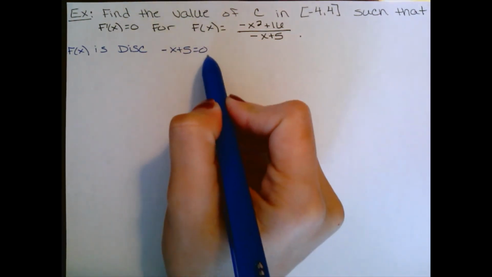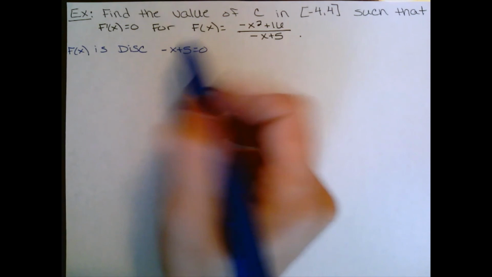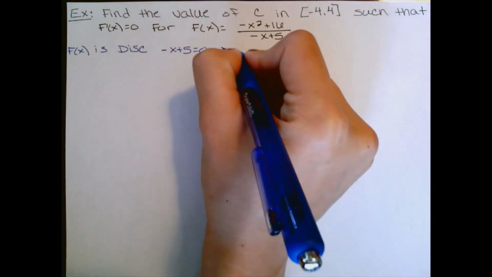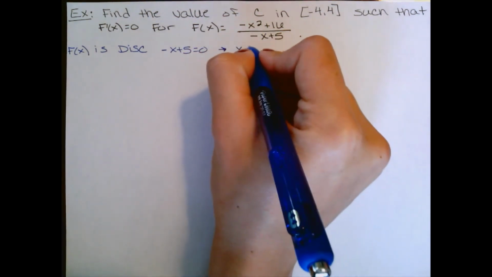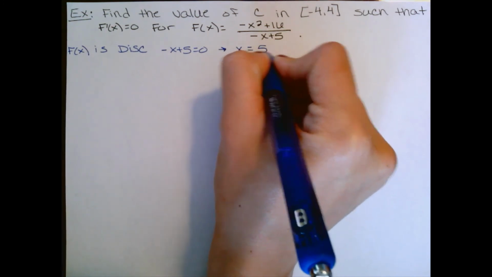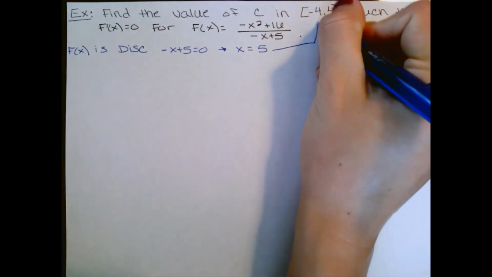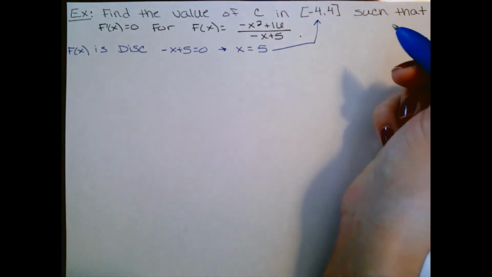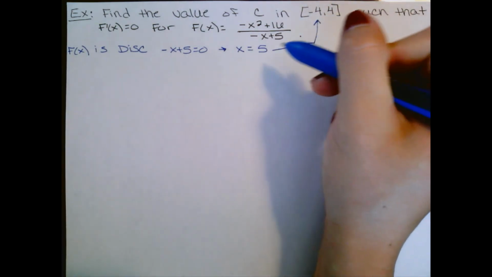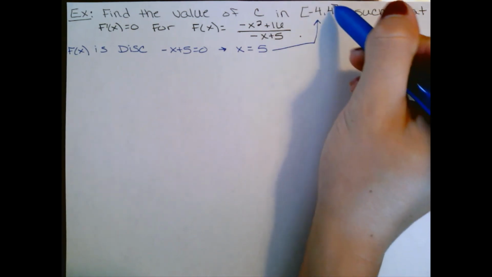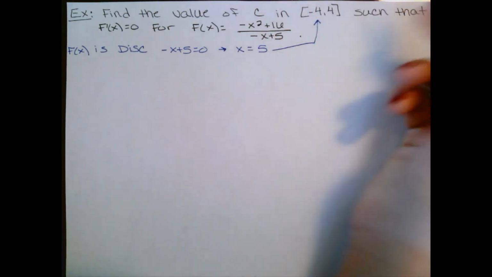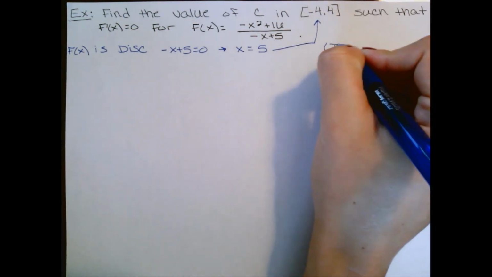If I subtract the 5 over, I get -5, and then divide the negative, I can say that x is discontinuous when it equals 5. Okay? Now, if we look at the interval, they want us to look only between -4 and 4. So the problem area that I have is not even within the area that they want me to look at, so we could say it's okay.